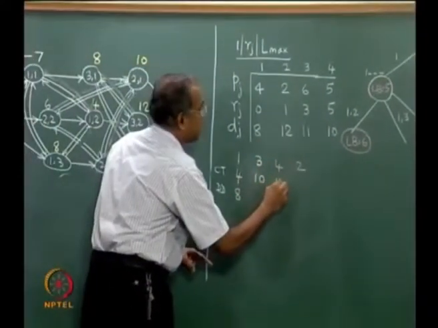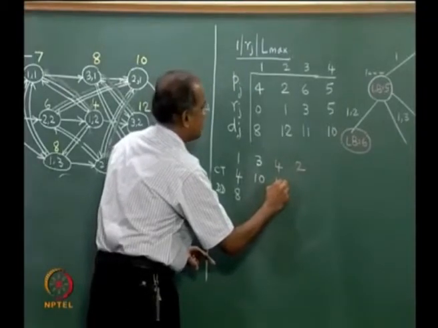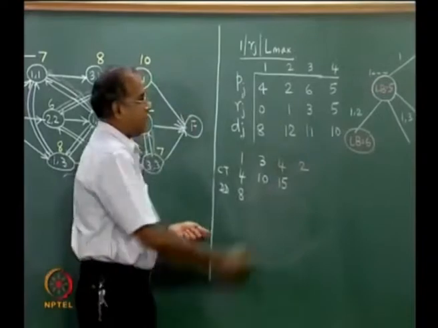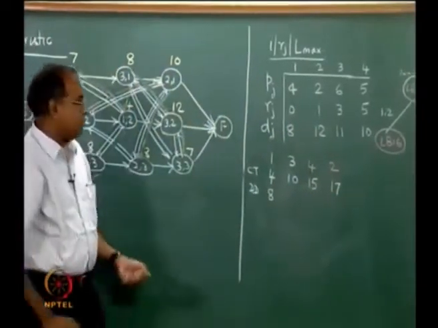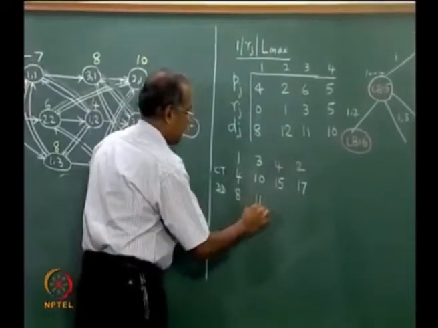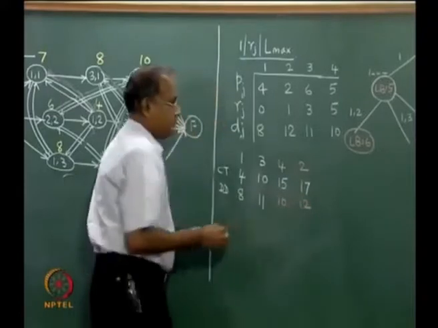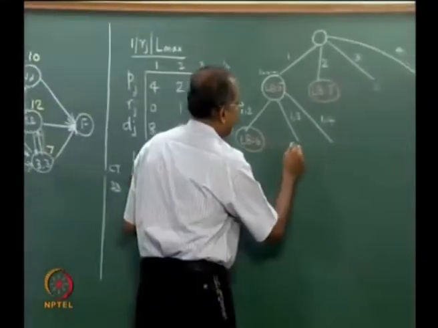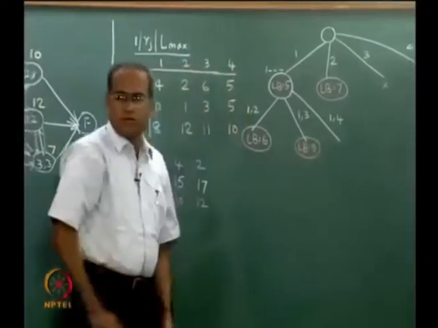So, this will become 10 plus 5, 15. At 15 job 2 is available. So, this will become 17. Now, the due dates are 8, 11, 10 and 12. So, L max remains at 5, lower bound remains at 5.